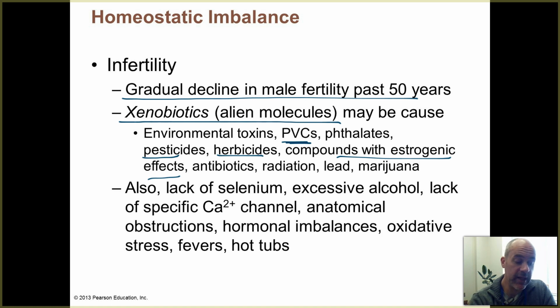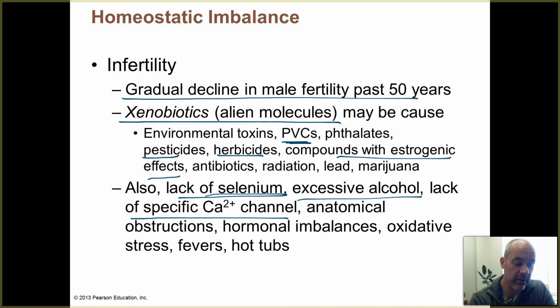A lack of selenium. Selenium is one of those mineral nutrients that we need in very small quantities in our diet because it's likely a cofactor for an enzyme or enzymes needed for sperm production. Excessive alcohol intake can be toxic for sperm. There are some men who lack a specific calcium channel, so that would be a genetic type disorder.